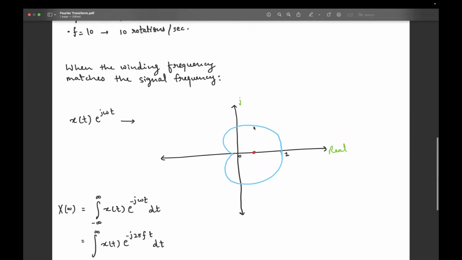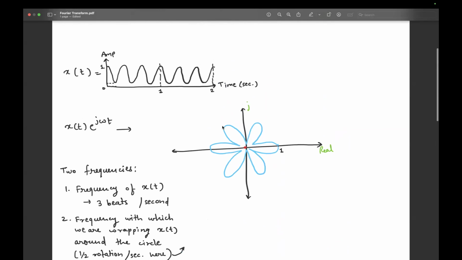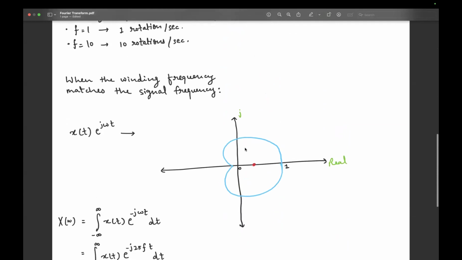Now the interesting part is that if the winding frequency does not match the frequency of the signal, this center point will be somewhere very close to 0. But when it does match with the signal frequency, it will be away from 0.